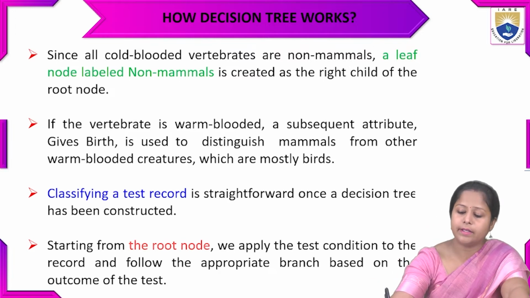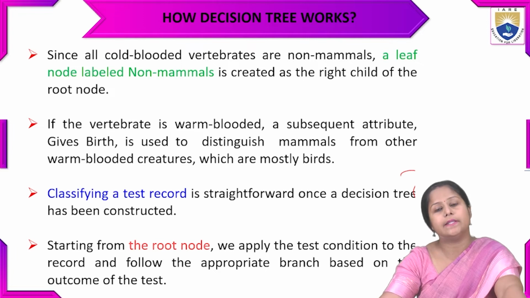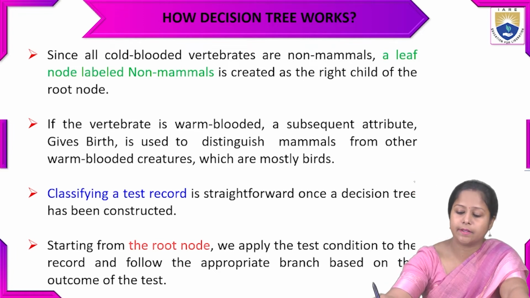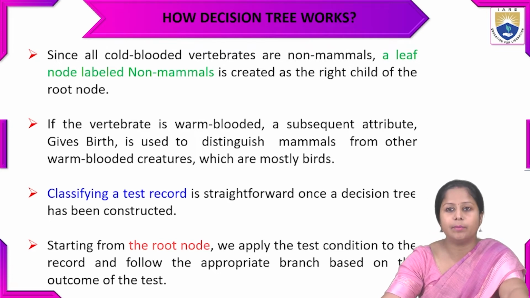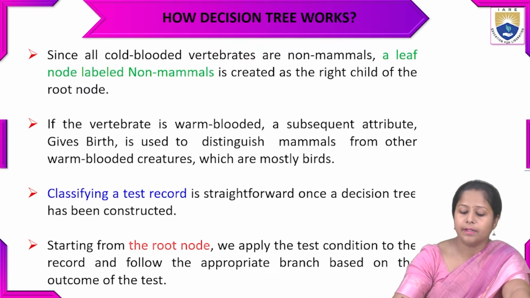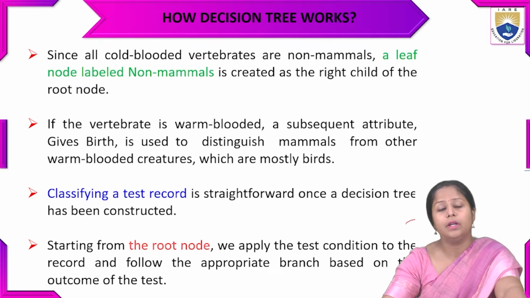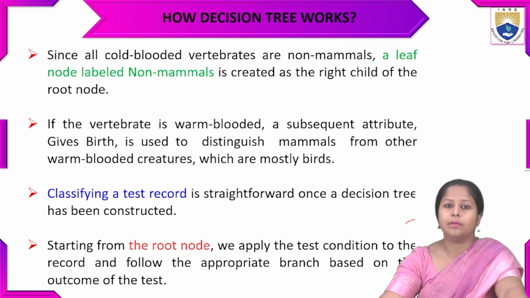Classifying a test record is straightforward once a decision tree has been constructed. Starting from the root node, we apply the test condition to the record and follow the appropriate branch based on the outcome of the test.